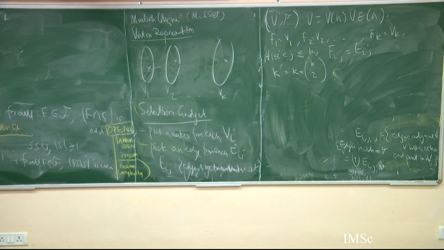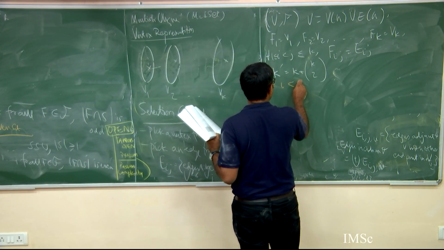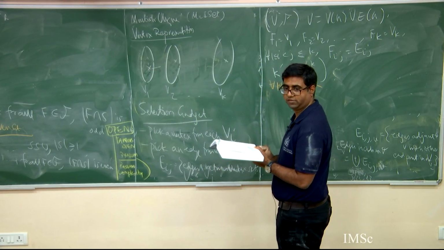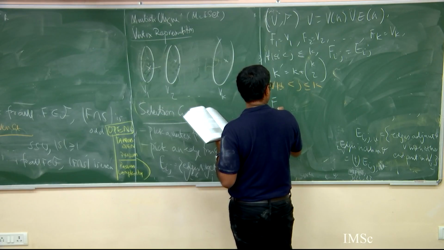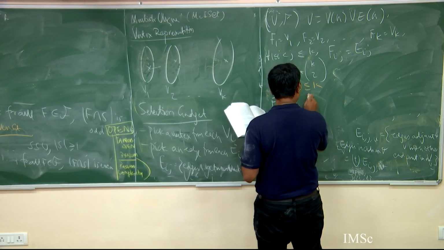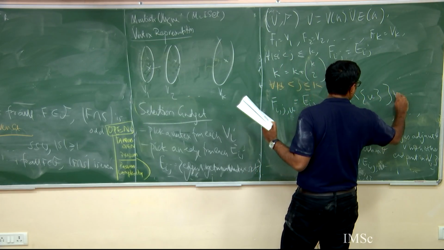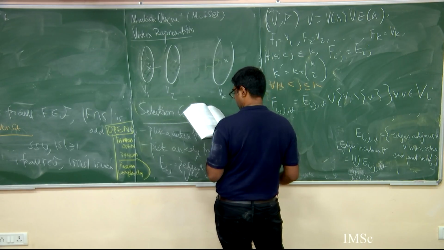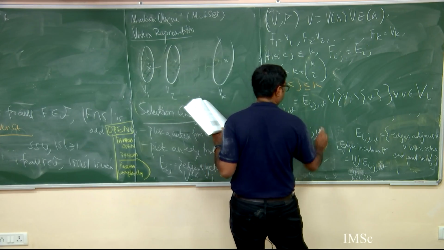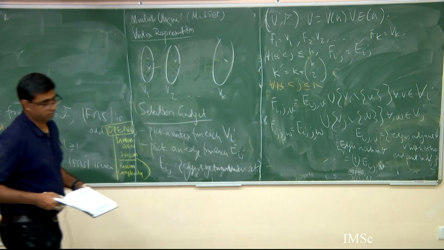I have defined what E_ijV means. Now for all I, J between 1 and k, I also have the sets, let us call them F. F_ijV equals E_ijV union Vi minus V for all V in Vi, and F_ijW is equal to E_ijW union Vj minus W for all W in Vj.